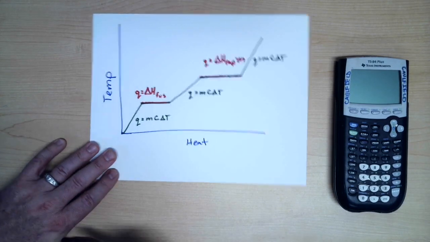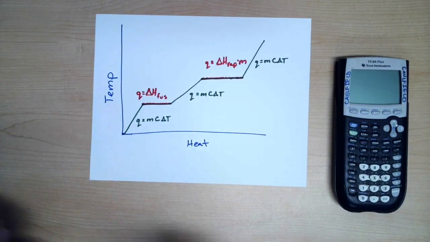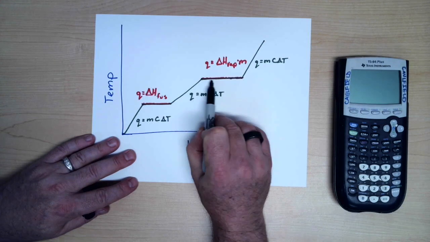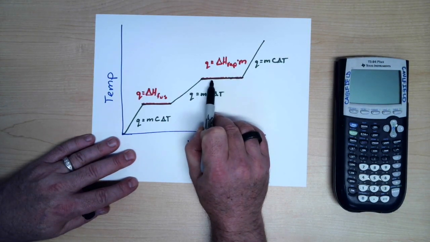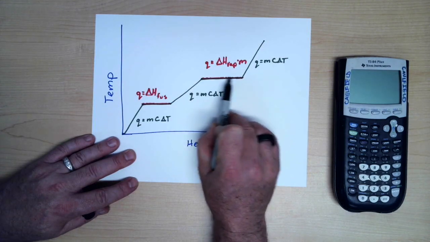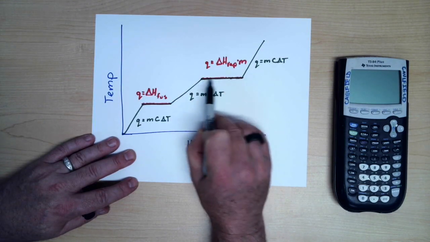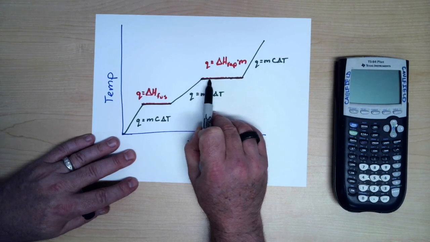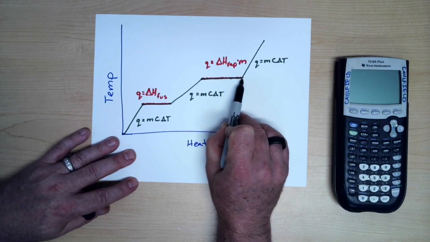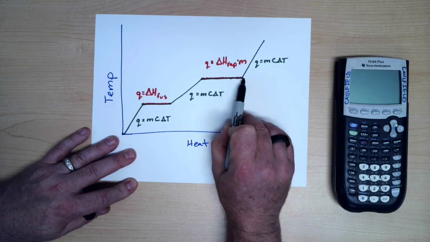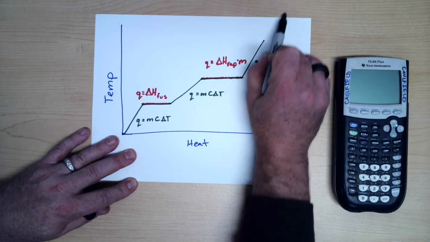Let's say that I was looking at a region of my heating curve here that's 20% of the way in. That would mean I have vaporized 20% of my material. 80% of it would still be in the liquid form at the boiling point. So here's me boiling. It's almost all gone. Here it's all gas, and my magical hot plate is able to continue heating the gas.